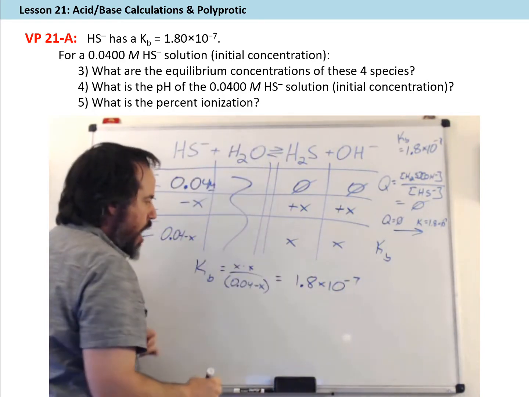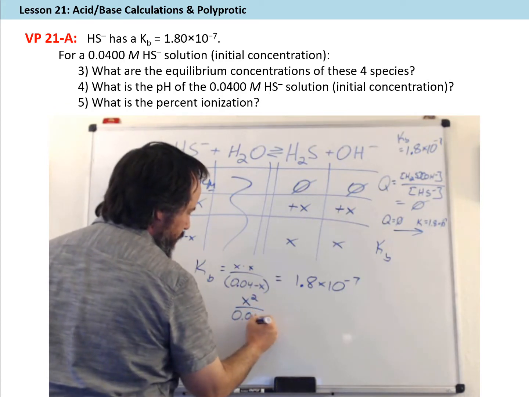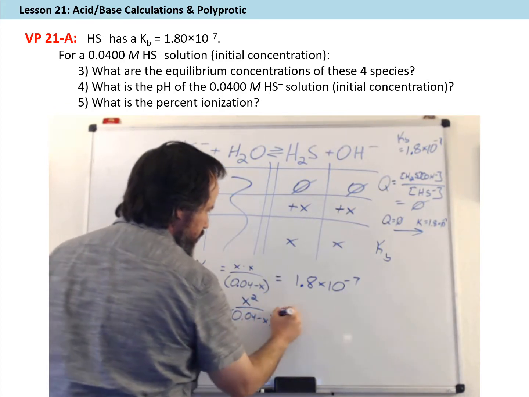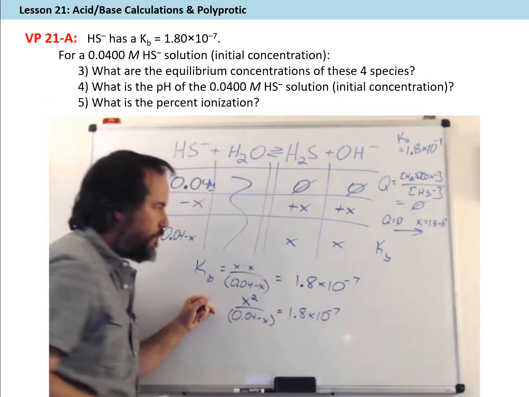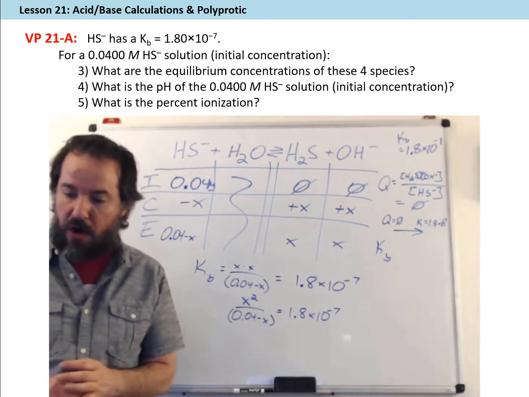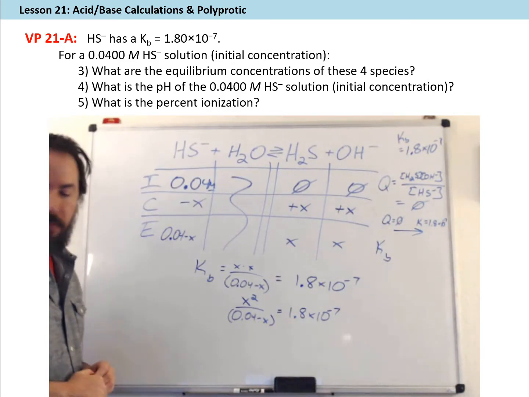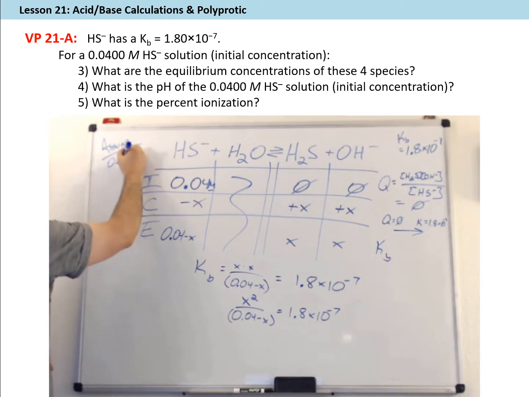So this equals 1.8 times 10 to the minus 7th, X squared over 0.04 minus X. Can we assume that X is small? Well, notice both Q and K are small, so we can go ahead and we can assume this. So I'm just going to write this up here. I'm going to assume 0.04 minus X equals 0.04.